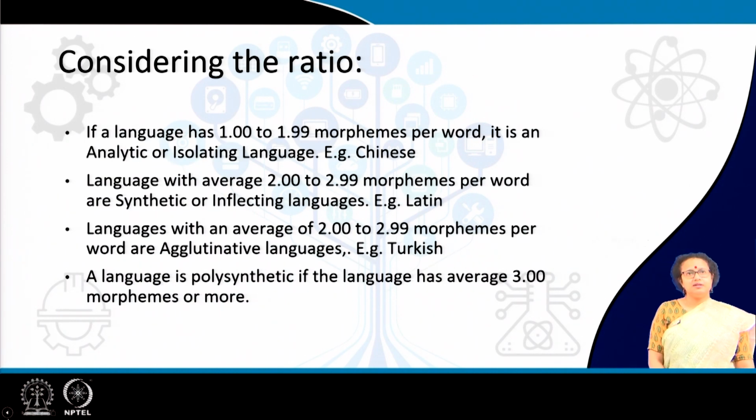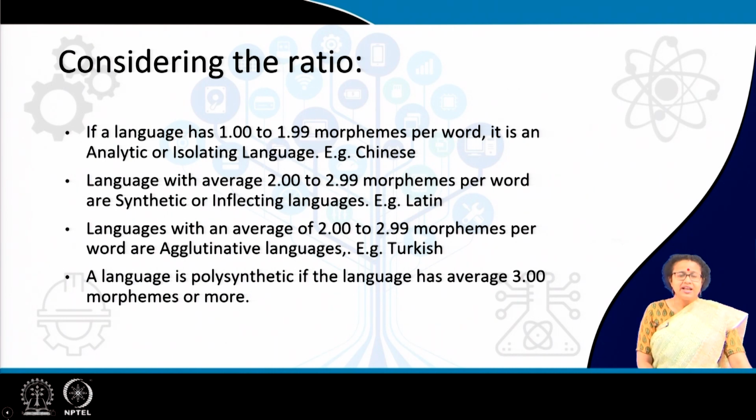So, you can think about the different types now, and if you think about all the 5 types, you will see that, as I told you earlier, there is a difference in terms of ratio, the ratio between word and morpheme. So, this is the indicator for different types. Let us consider the ratio here.